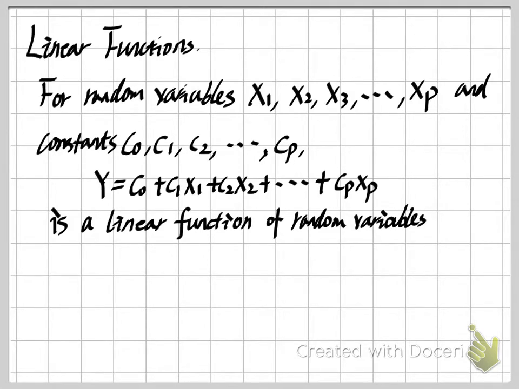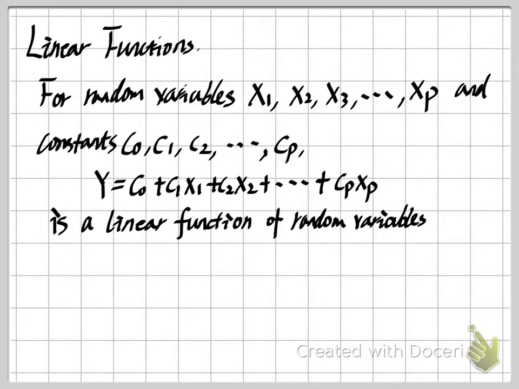Here in our topic, the linear function of random variables means if we have p different random variables denoted by x1, x2 until xp, and we have some constants c0, c1 until cp, then we can define a new random variable by the linear function of these random variables as c0 plus c1 times x1 plus c2 times x2 until cp times xp. So this is the definition of linear function.